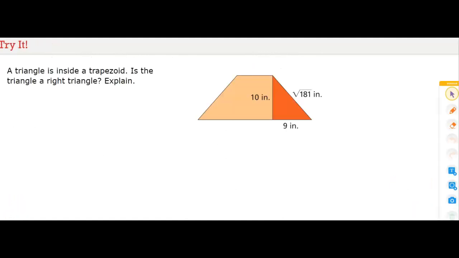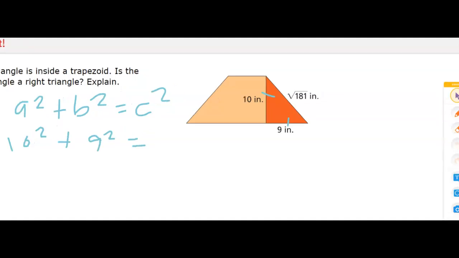A triangle is inside a trapezoid. Is the triangle a right triangle? Explain. All right, so we have this triangle inside of this trapezoid. It's asking, is it a right triangle? So we would use the Pythagorean theorem. So we have a squared plus b squared equals c squared. Leg 1, 10 squared. Leg 2, 9 squared.